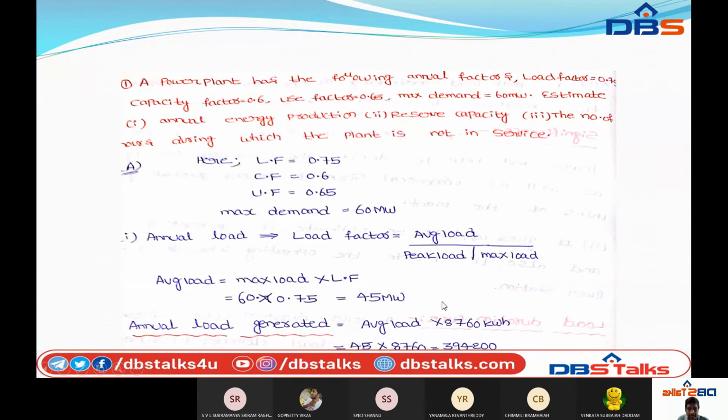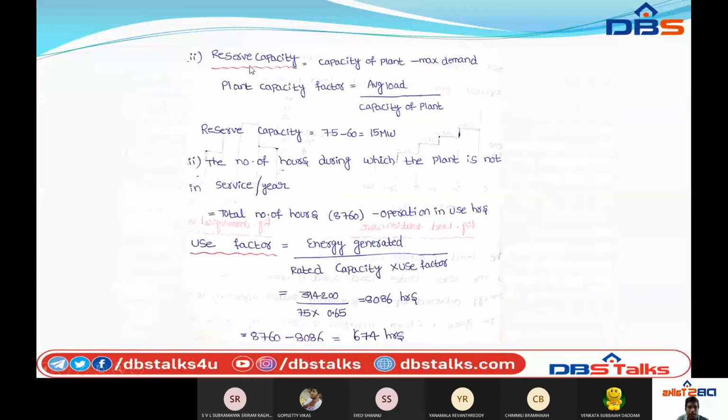Annual load generated is 3,94,200. After that, reserve capacity. Reserve capacity is found by using the formula: capacity of plant minus maximum demand.